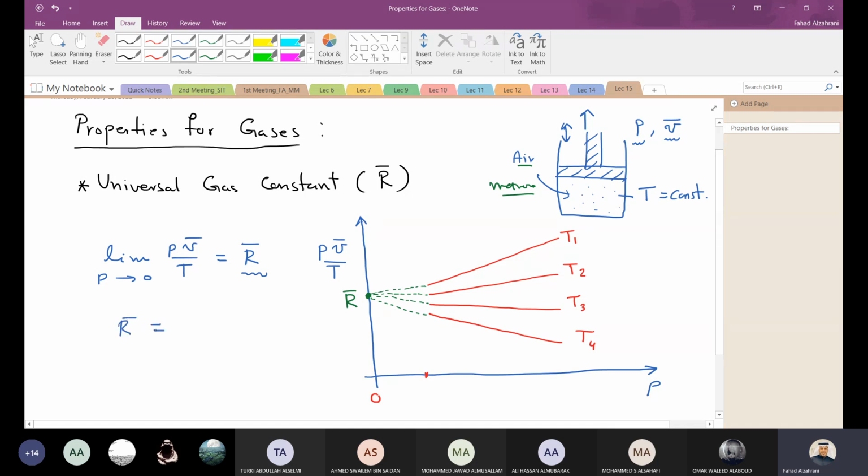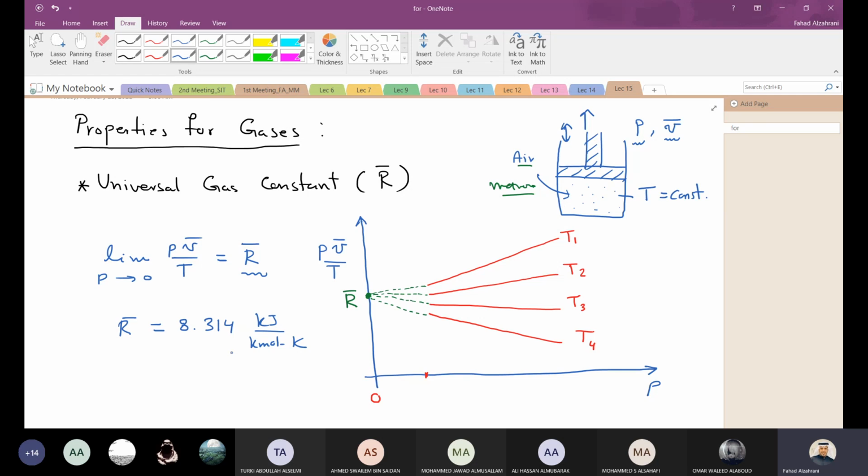They found, guys, this value is the same for all gases: 8.314 kilojoule per kilomole Kelvin. And this is basically the universal gas constant.